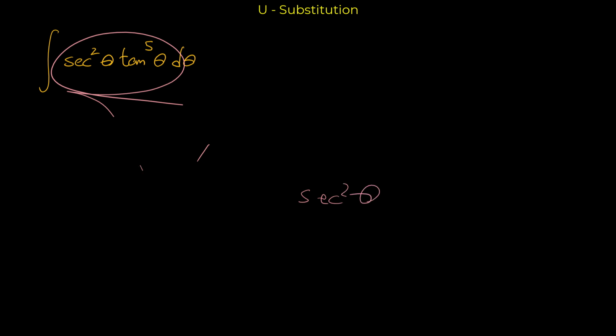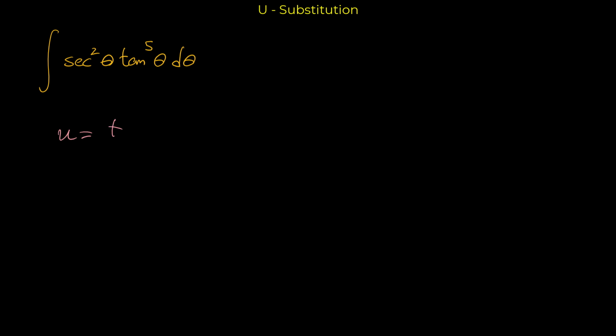Now you can guess what u is in this example. We choose u as tangent of theta, because the derivative of u is exactly secant to the 2 theta d theta, which we have in our integrand. This confirms that our substitution works.